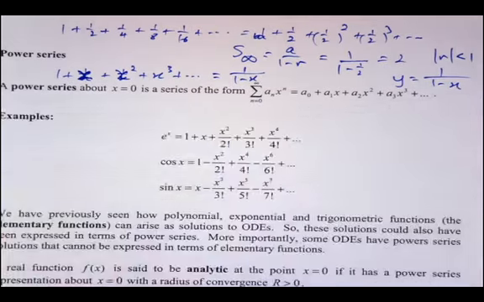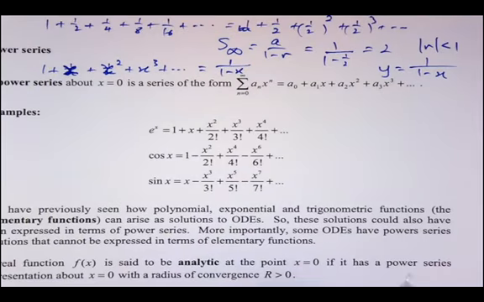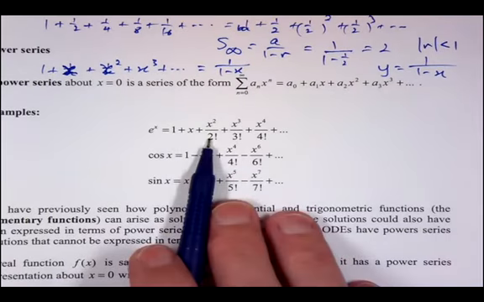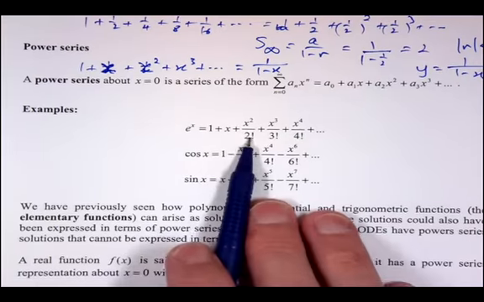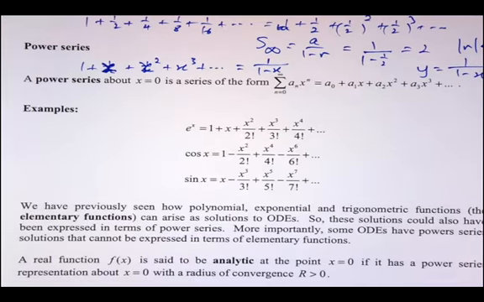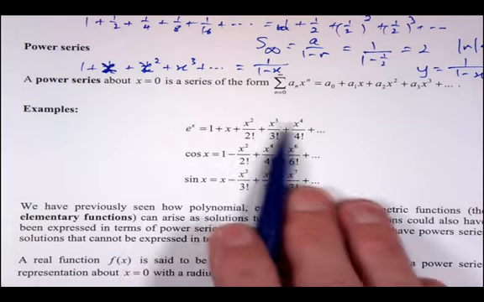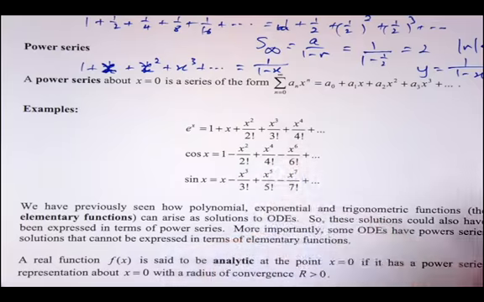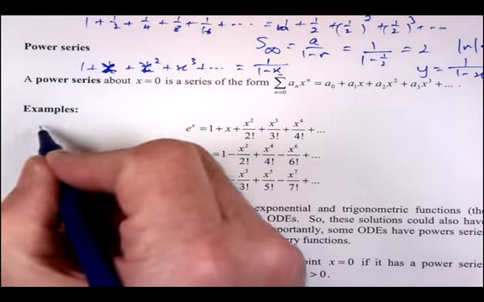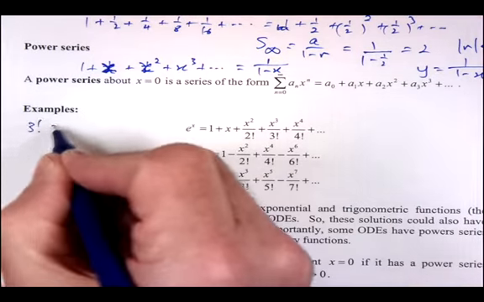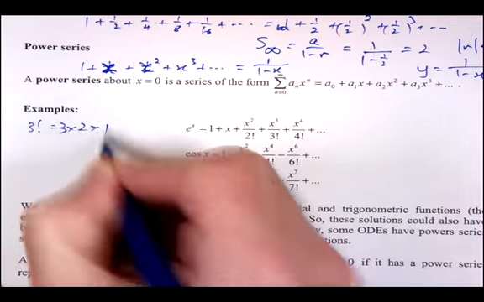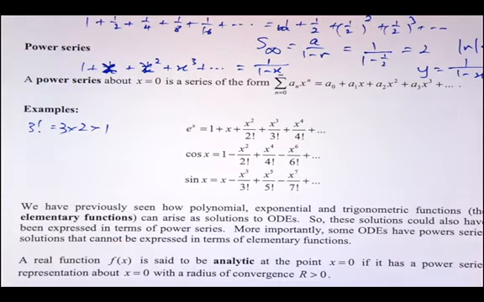With that little bit of background, here are some example power series that we have. It turns out, if you think about what a factorial number is, remember factorials, 3 factorial is 3 times 2 times 1. 10 factorial would be 10 times 9 times 8 times 7.